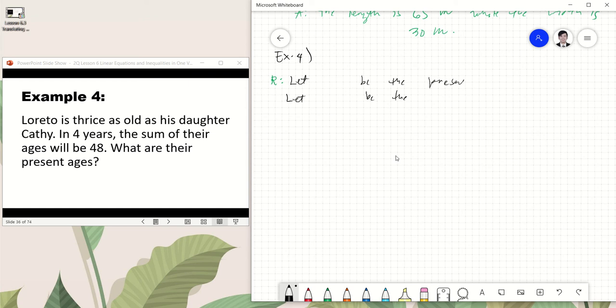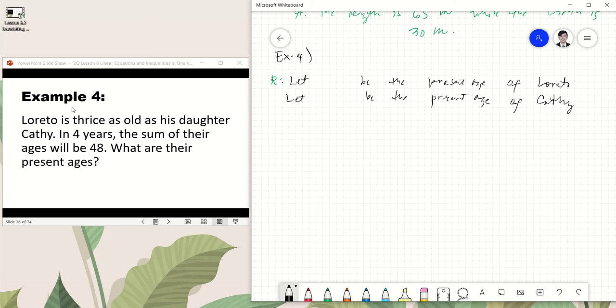let blank be the present age of Loreto at saka yung present age ni Kathy. So, from the first sentence, Loreto, meron tayong clue kung ano yung age ni Loreto.